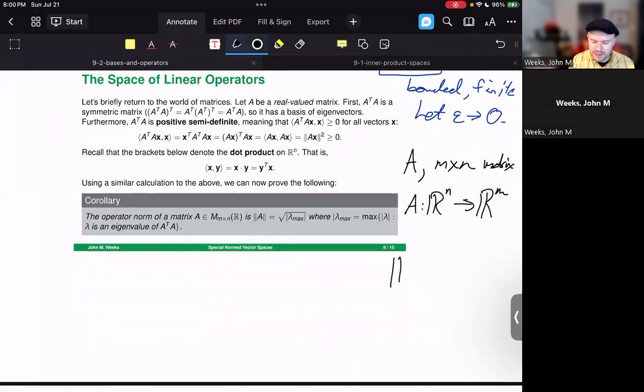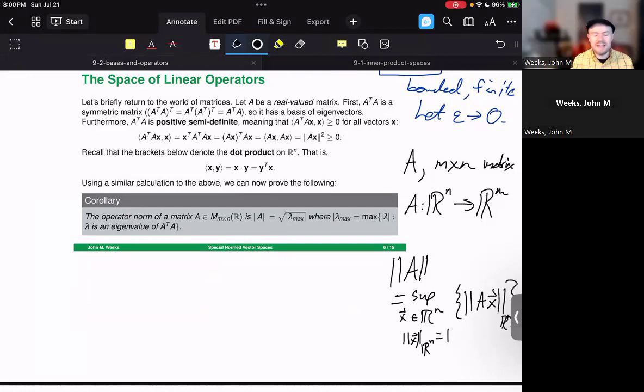The way that we define the operator norm on the matrix A is that we look for the supremum over all vectors x inside of R^n such that the norm of x is equal to 1, of all of the possible values of the norm of Ax. This norm of A is essentially saying how far you could possibly stretch vectors from your domain space to get them somewhere in the range space.